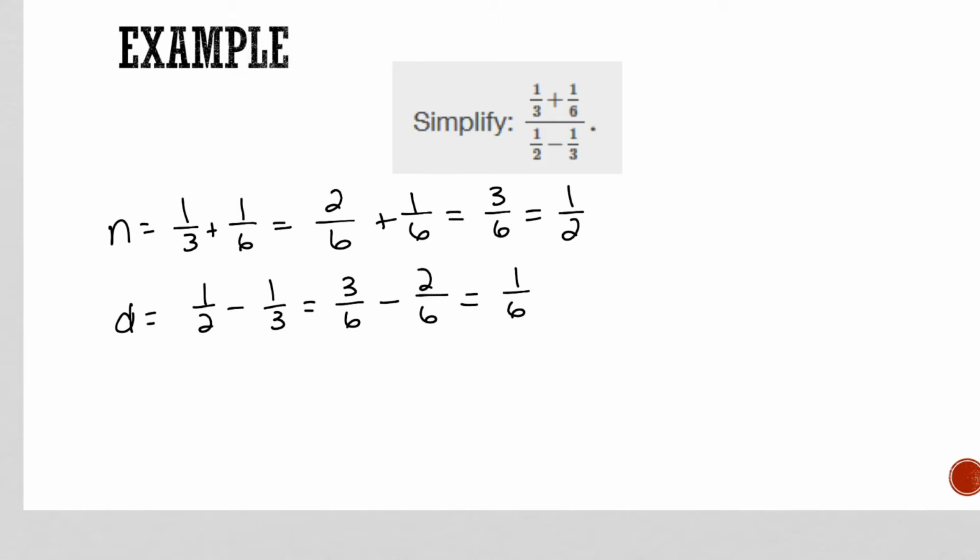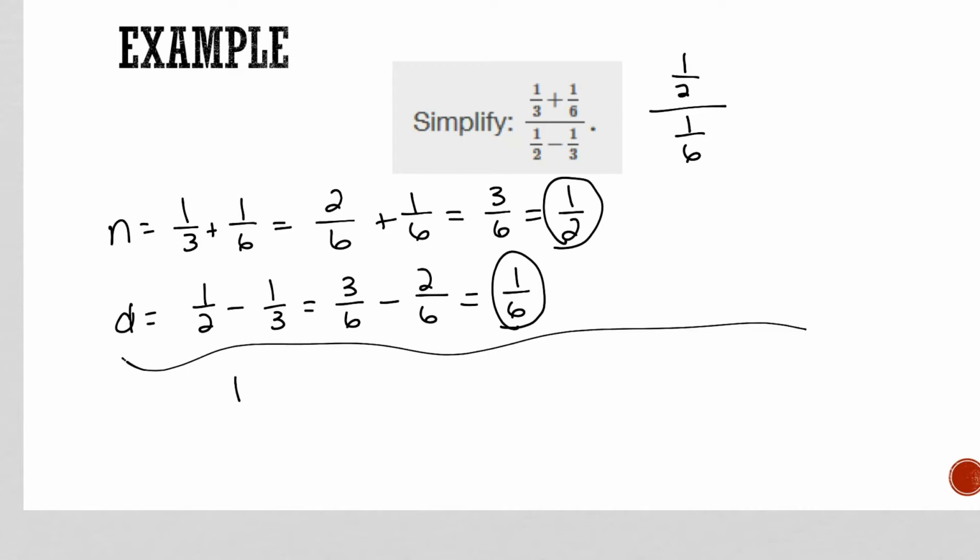Now, our numerator is 1/2. Our denominator is 1/6. So it actually looks like this, which is the same thing as 1/2 divided by 1/6. Okay? Keep the first one, change your sign to multiplication, flip your second one.